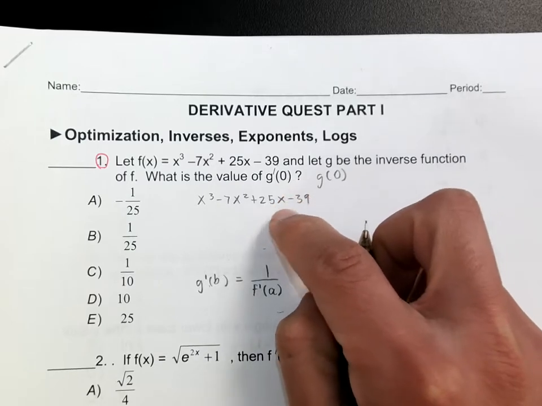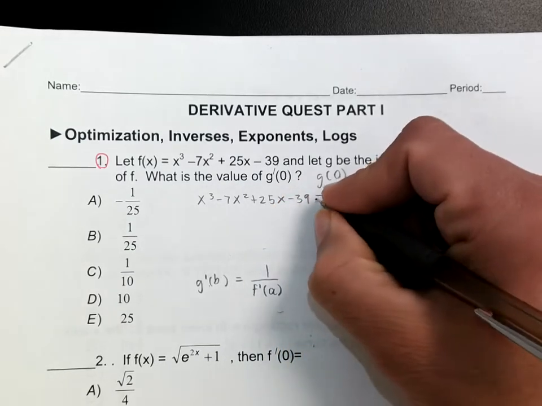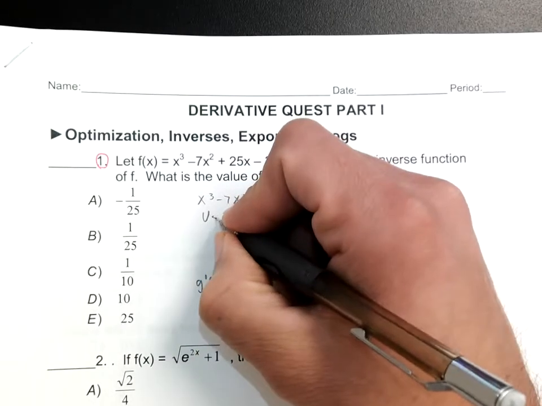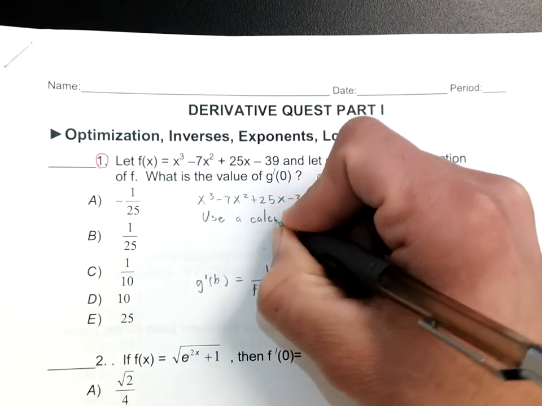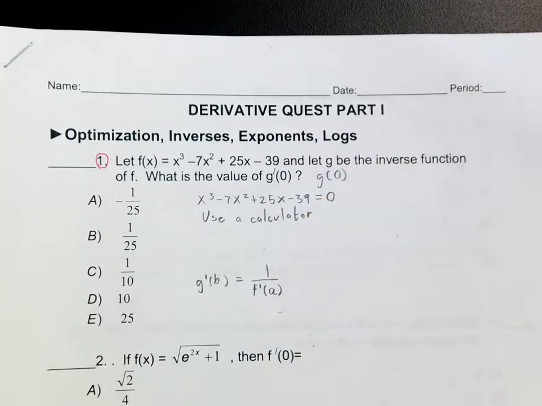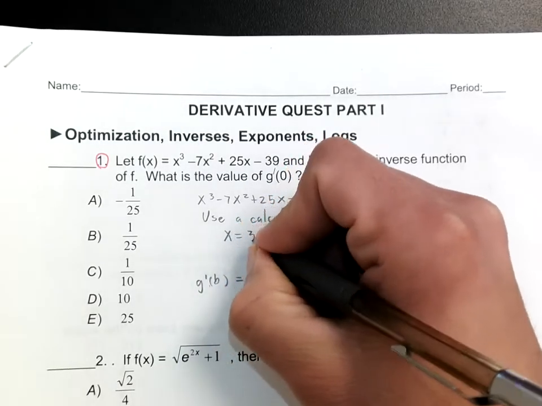So on this graph, the y value is equal to 0, meaning you have to set this equal to 0, alright, and then solve. Now once you solve, and I would probably recommend using a calculator to solve this, you get that it happens at x is equal to 3.